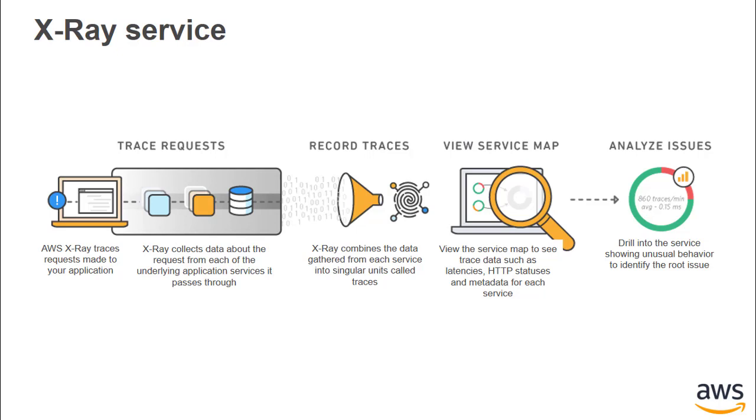Based on a trace ID, it can then combine these different traces coming from your application or from another third-party application into one trace log, so that you can easily find what happened, when it happened, what exceptions were thrown, what the latencies are, how long it took to invoke a service, and then summarize it in a way that you can easily visualize and pinpoint where the error happens.